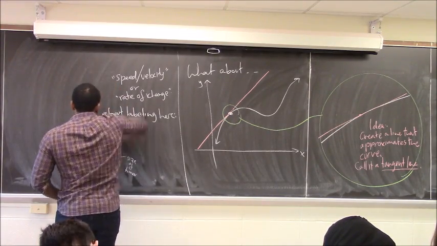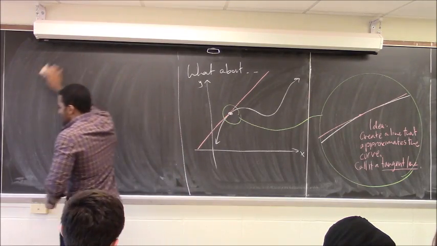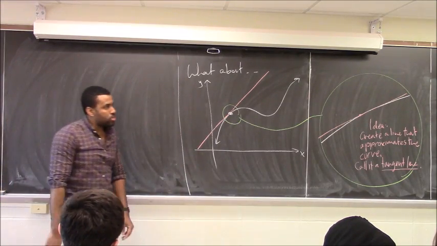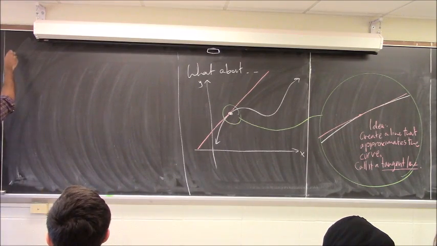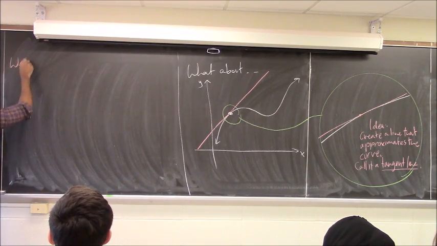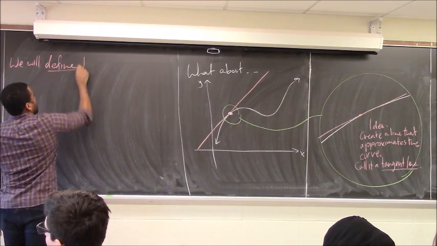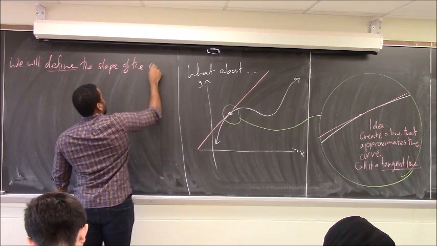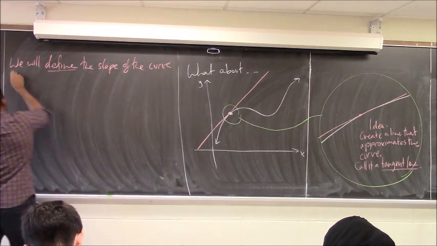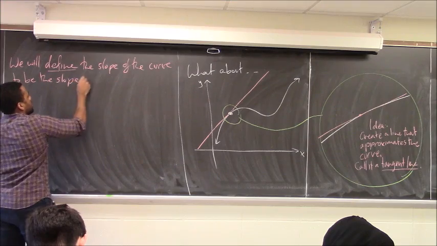And we will be fine with this because it's a super good approximation. Eventually, if you zoom in far enough, the differences between the two are of no practical significance. We will define the slope of the curve to be the slope of the line.